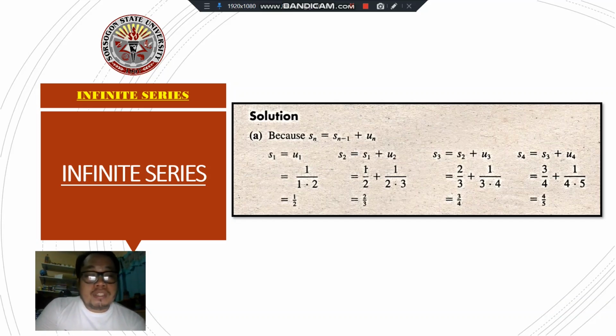So you have 3/4, based on the third solution, plus 1 over 4 times 5, then that is equal to 4/5. So with that, the first four elements of such sequence of partial sums are 1 half, 2/3, 3/4, and 4/5. So we're done with the first task.